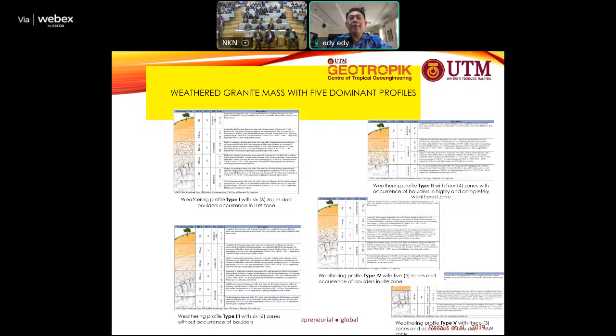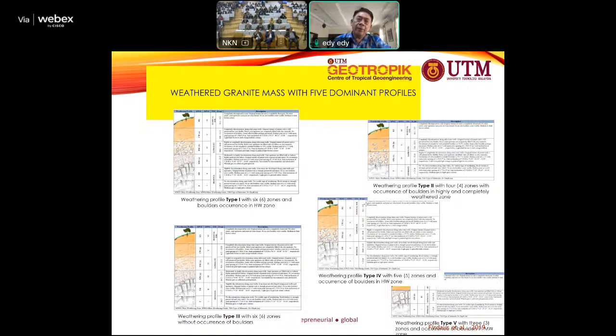But we also could anticipate type 2, where there are only a few zones, in this case we only have completely weathered, highly weathered, and fresh. So the moderately weathered is not exhibited over here. And then on the bottom left, there is type 3, where we have the completely weathered, highly weathered, moderately weathered, and slightly weathered, where the highly weathered one is not observed in this site.